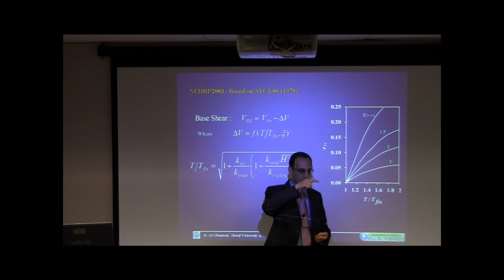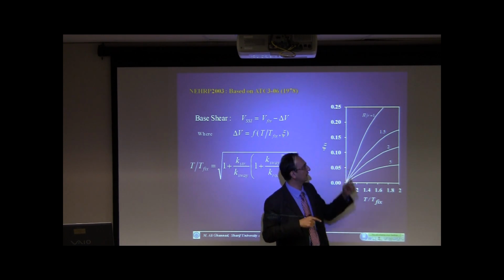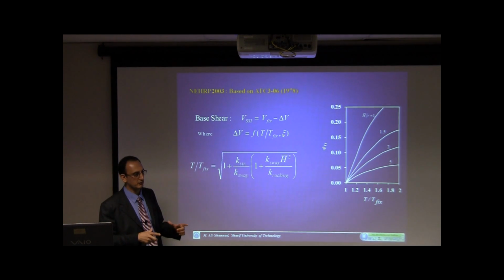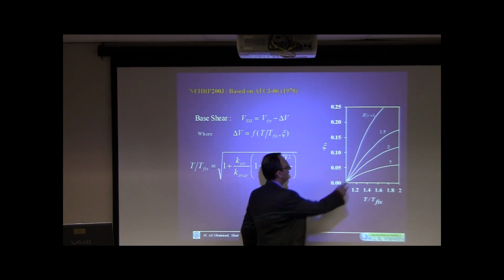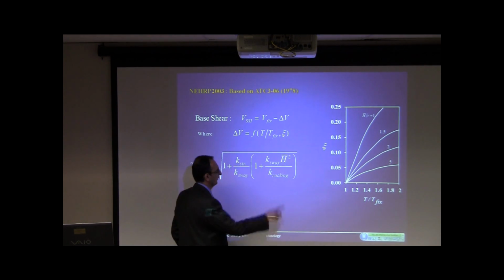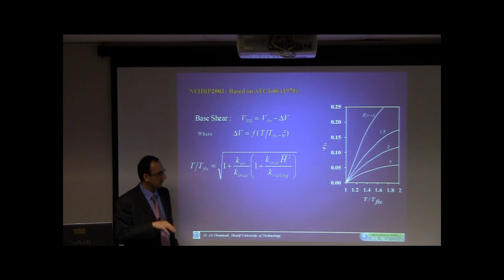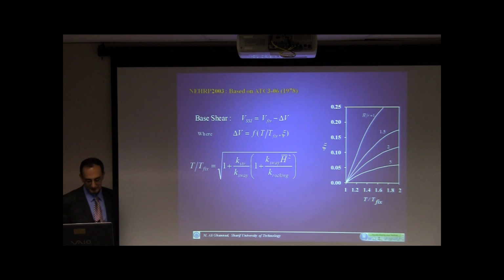H is the height of the structure, the effective height, and R is the radius of the foundation, or it's better to say the radius of the equivalent circular foundation. So you can find the damping. This damping is the soil-induced damping. It should be added to the structural damping, and from that you can find the difference in the base shear.